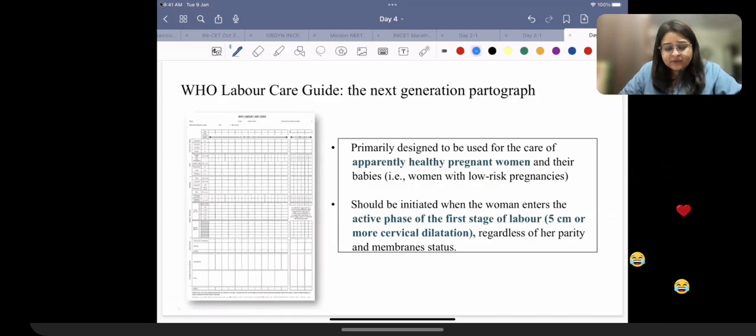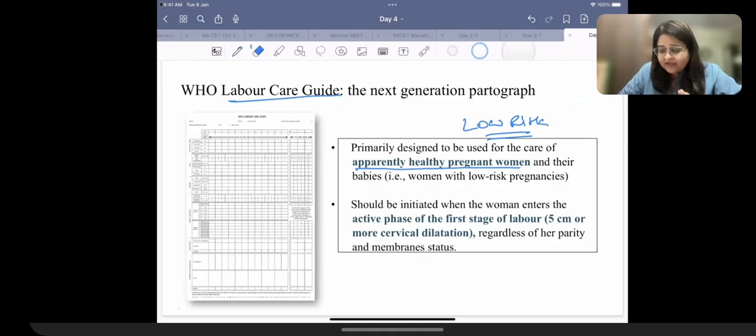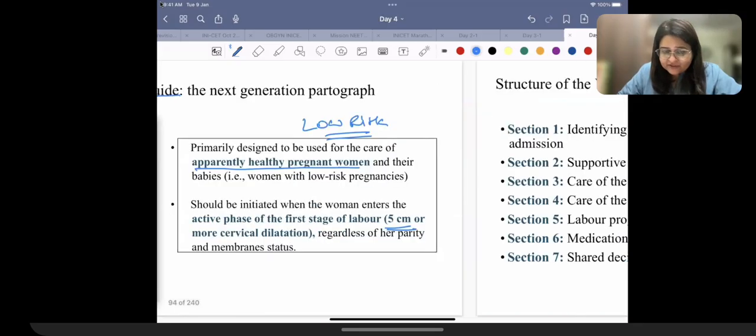Now, the WHO labor care guide is done in apparently healthy pregnant women. So it is best done for low risk pregnant women. High risk women may require additional monitoring. Okay? And it should be started at 5 centimeters or more of cervical dilatation.